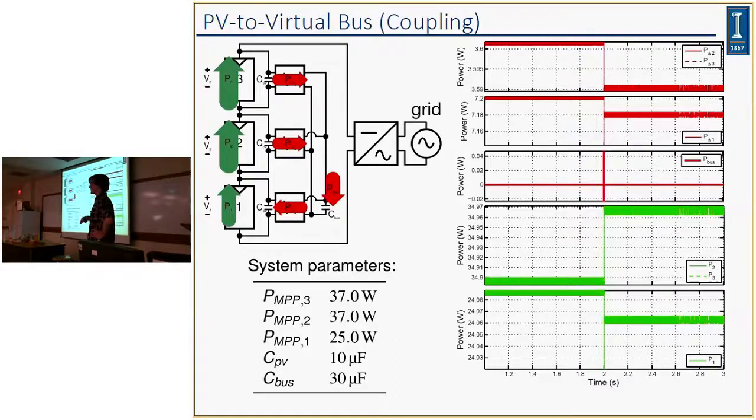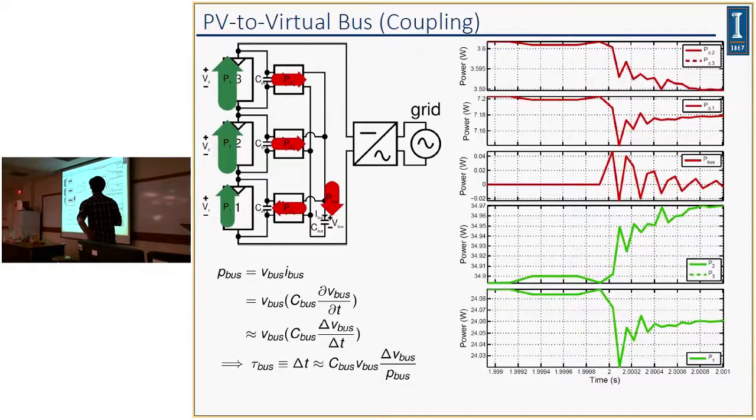Because the inductor needs to catch up to that load transient. The same thing here. This converter is introducing a load transient to the system, and the bus capacitance for a brief amount of time sources or sinks that amount of power. But in the long run, these guys catch up to that, and then everything couples together.